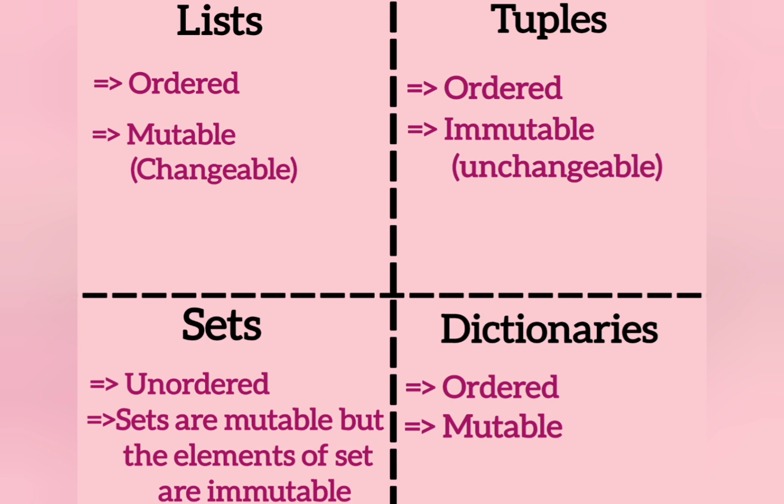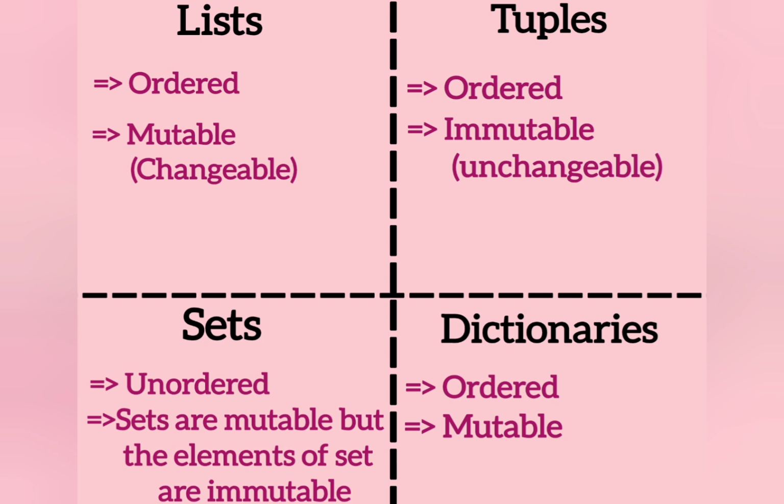In dictionaries we can change the value of any existing key, so we are changing the element. For example, if I have written name colon Kashish, and then I want to change the value of the name key, then I can write name colon Pihu, so the value of the name key will be changed.